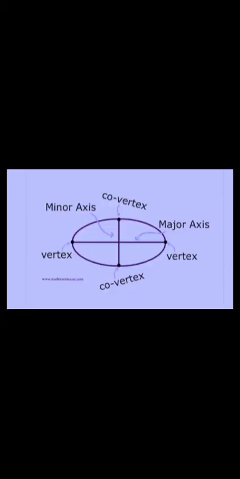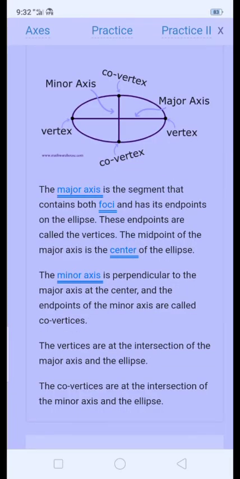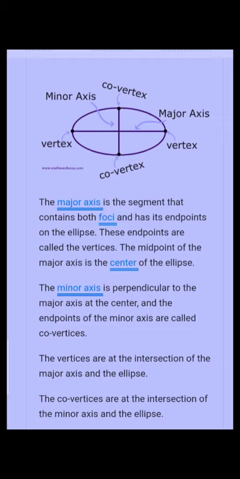Let us first familiarize ourselves with these following terms. So we have vertices and axis, major axis, vertex, co-vertex, and minor axis. So when we say major axis, this is the segment that contains both the foci and has its endpoints on the ellipse. Next, we have also the center. So the center is the midpoint of the major axis of the ellipse.